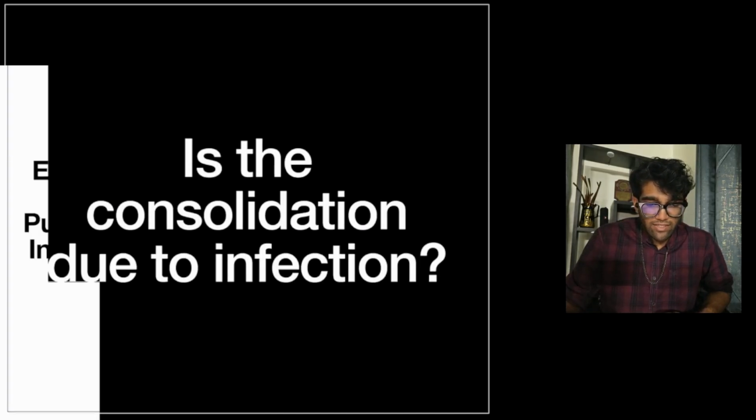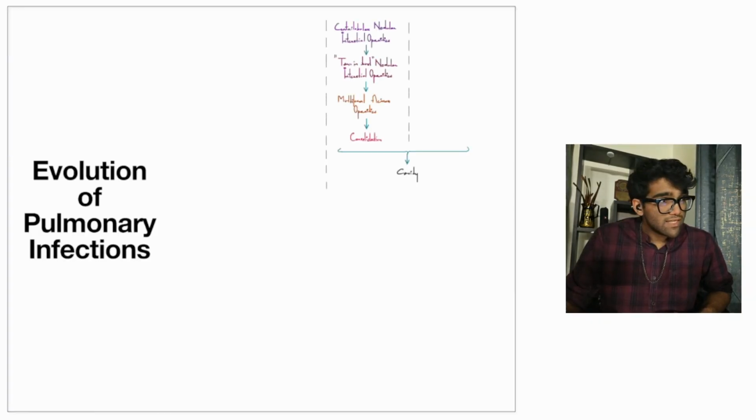So is it an infection? So pulmonary infections essentially develop through two types of processes. They can start off as an inhaled particle that is getting stuck within the bronchiolar lumens. So that particle would produce a centrilobular pattern, centrilobular nodular interstitial pattern. That pattern would then progress to a tree in bud pattern as the pathogen grows.